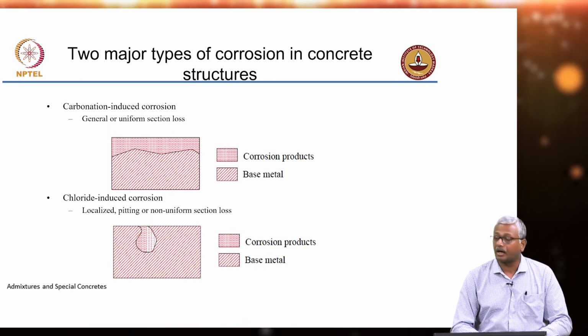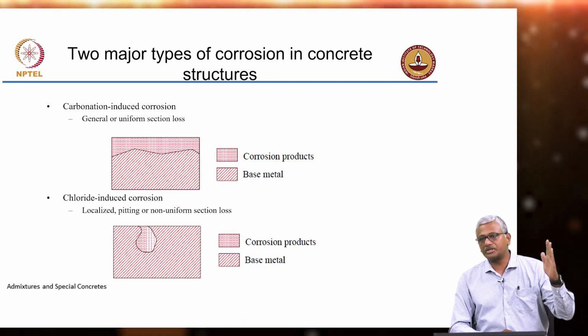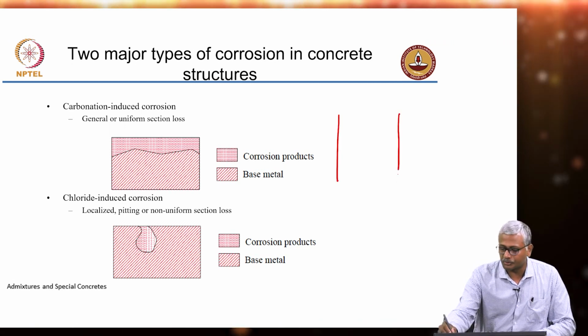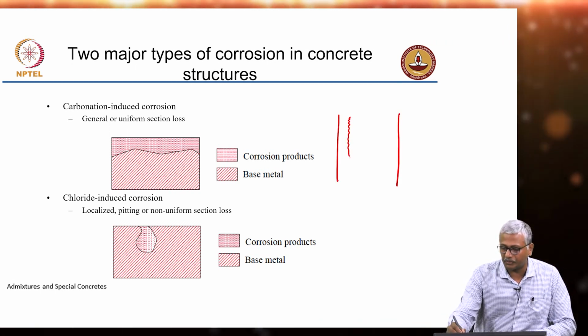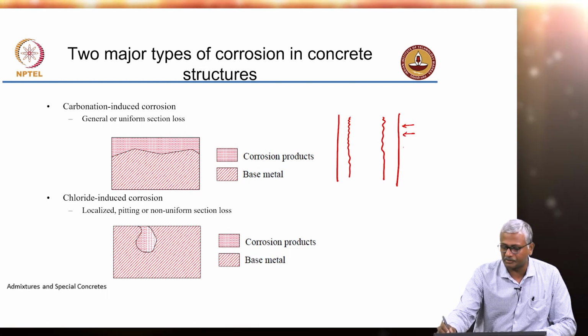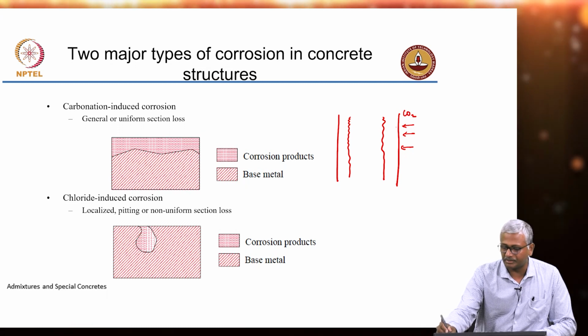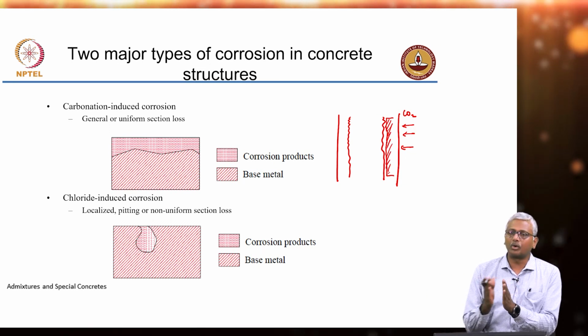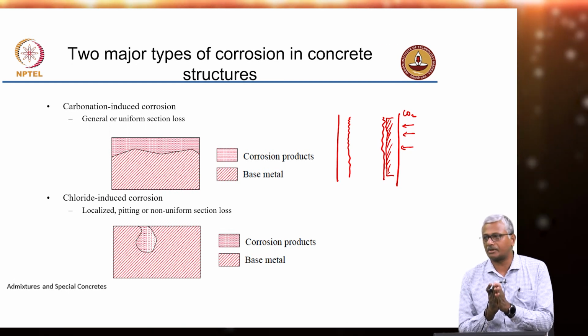On the other hand, in carbonation, the carbonation or the CO2 penetration into the concrete. So, let us say this is your reinforced concrete structure and that is your steel in between. So, the CO2 that comes in from the external atmosphere has to penetrate this concrete and generally moves as a front. That is the CO2 which has entered the concrete, and it more or less approaches the steel surface all at the same time.